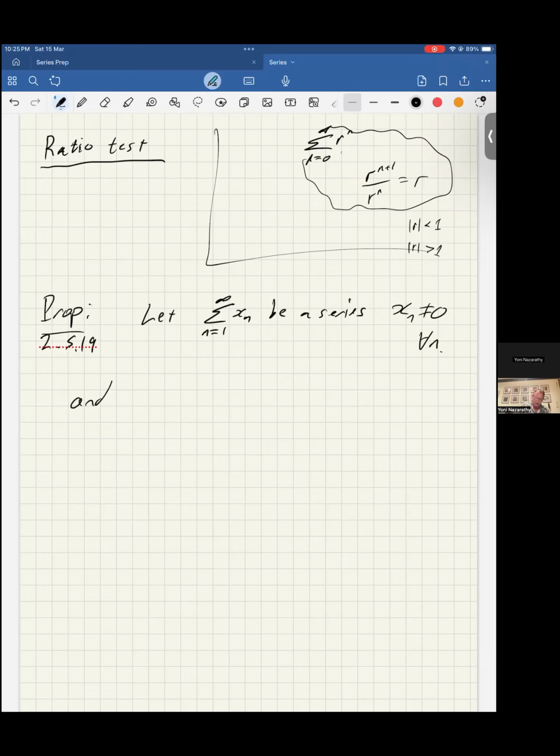And the precondition of the theorem is that this limit exists: the limit as n goes to infinity of the ratios of the absolute values of the terms, the n plus first and the nth term. You can't say anything if this limit does not exist, but that's a precondition for this proposition.